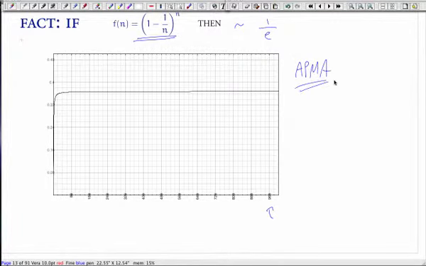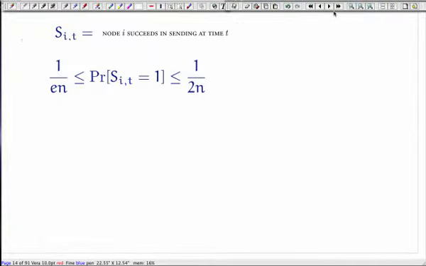If you ever wonder what was most valuable from your first year, some APMA class where you learned about Taylor expansions, or the chain rule, there are many ways to show this type of thing. I'm not going to do it here, but it comes back to basic calculus ideas that you've done already in your previous class. This is the high level idea to remember this type of equality.